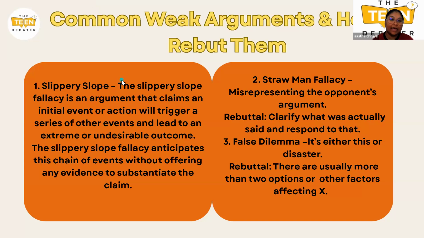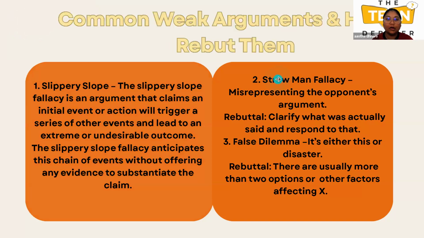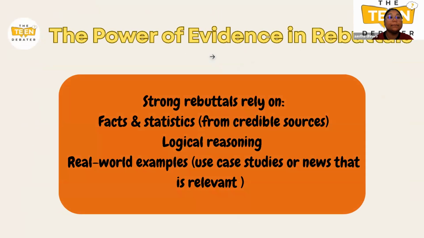Now, as we have looked at some of the common weak arguments and how we rebut them, we're moving on to the power of evidence. Evidence is one of the most crucial parts of debates and rebuttals, mainly because it can provide a lot of insight and logical explanation for your arguments.